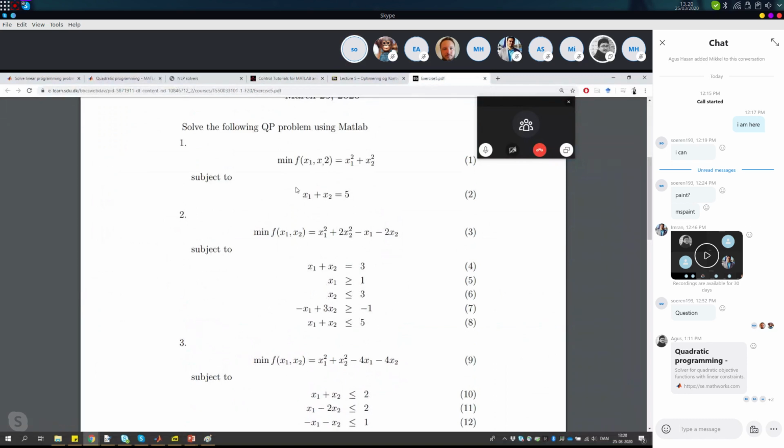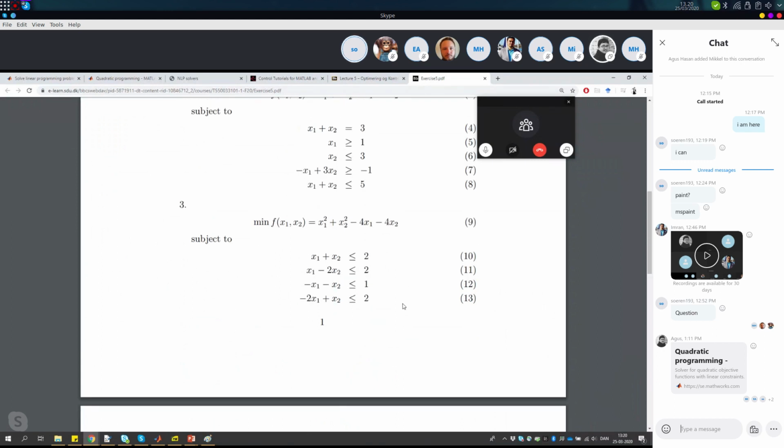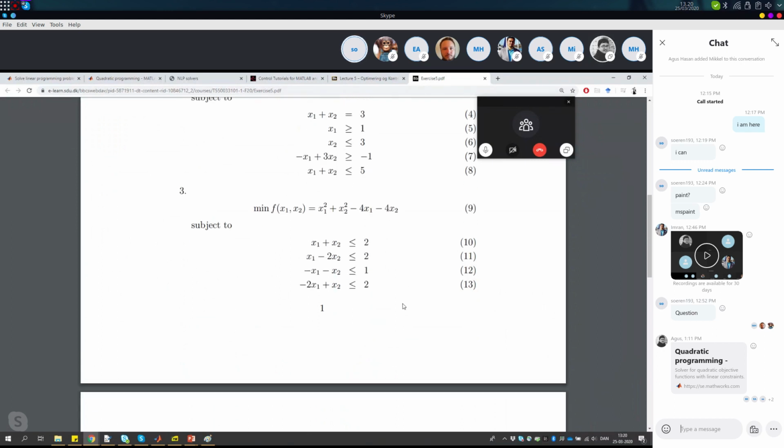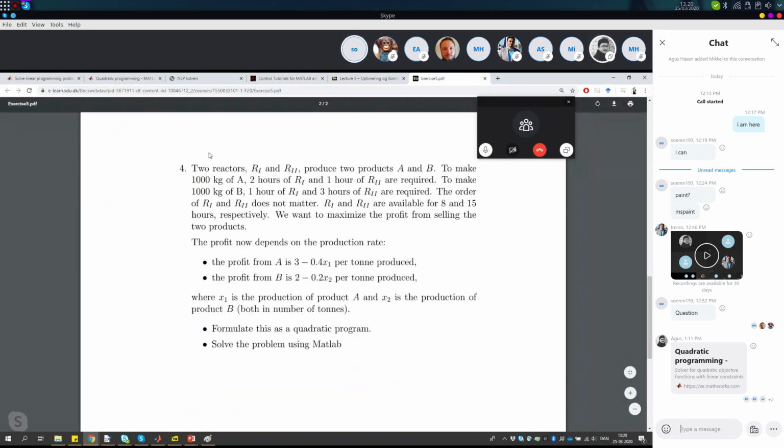You are given an objective function, and you want to minimize this objective function with different kinds of constraints. The first one is an equality constraint. The second one is a mix between equality and inequality, and the third one is only inequality constraints. Question number 4 is more practical. You need to model the quadratic programming problem and then solve it using MATLAB.